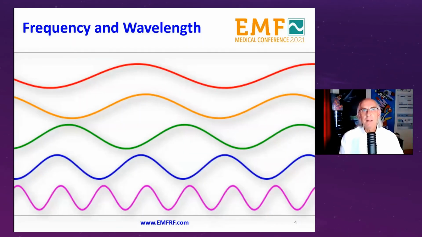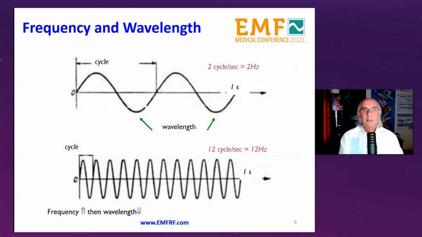And when we talk about electromagnetic fields, we talk about waveforms. So the wave and the waveform are very important in EMF, or electromagnetic field and radio frequencies. So let's have a look at wavelengths. We have a sinusoidal wave right here from zero going up, down, below, and back to the zero line.